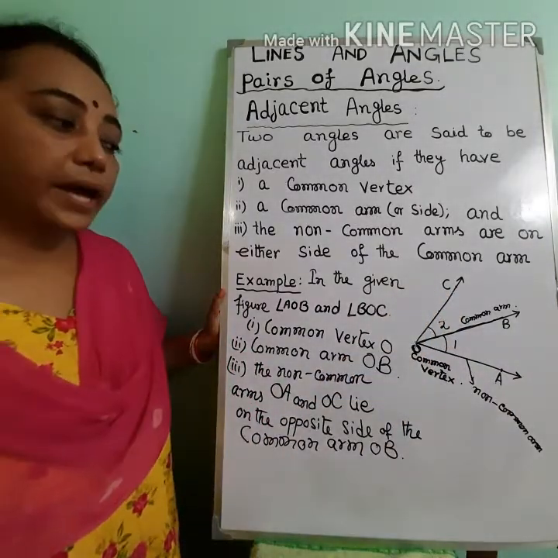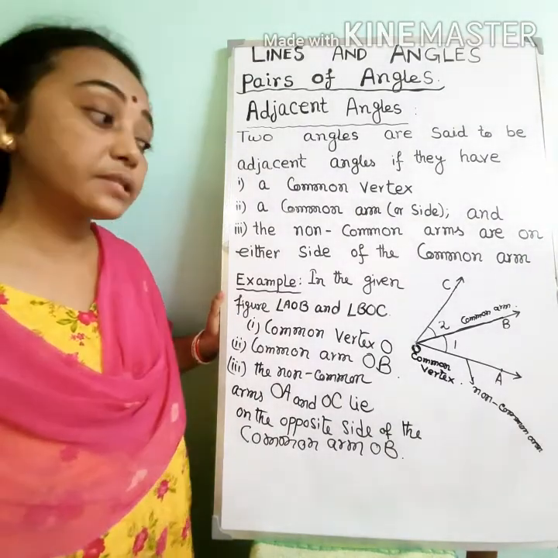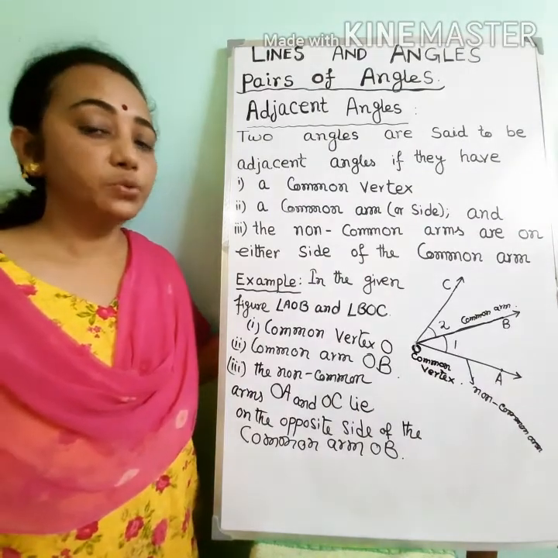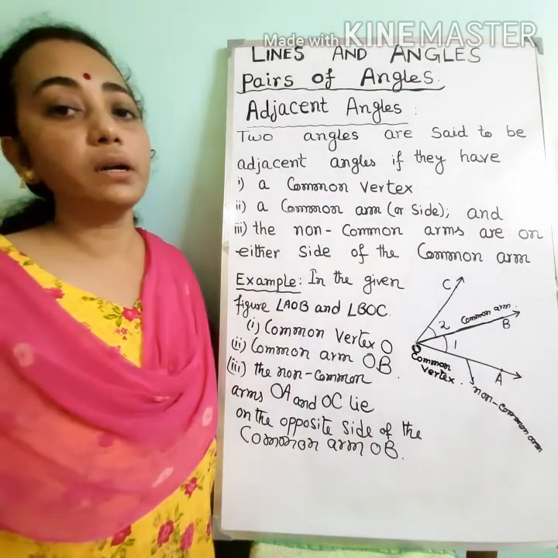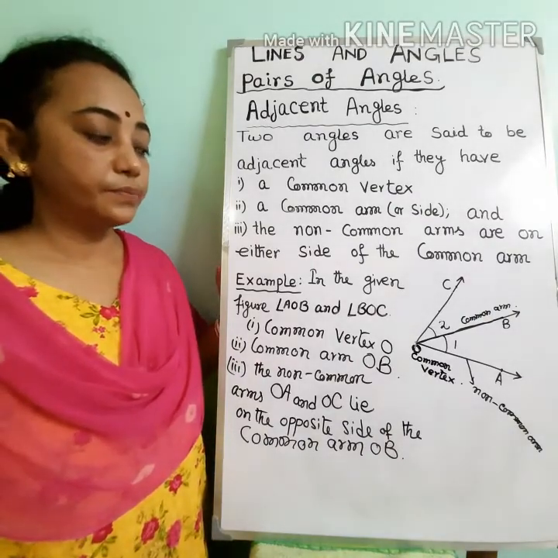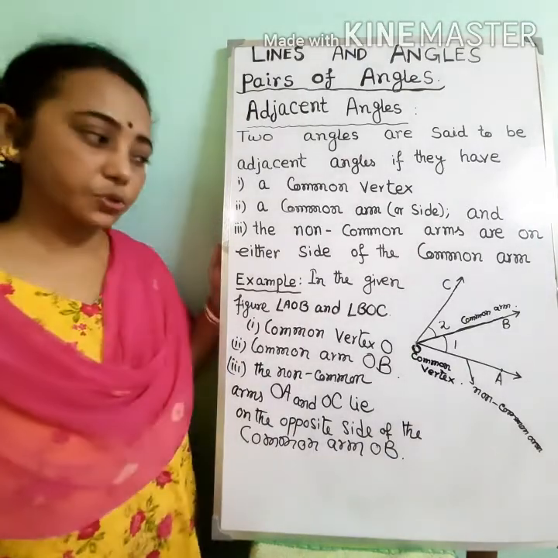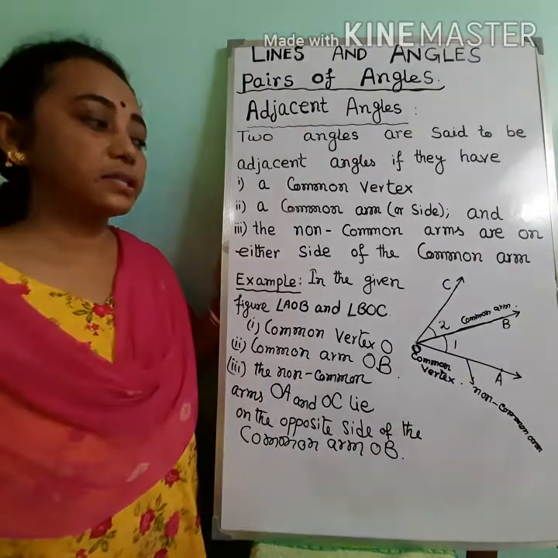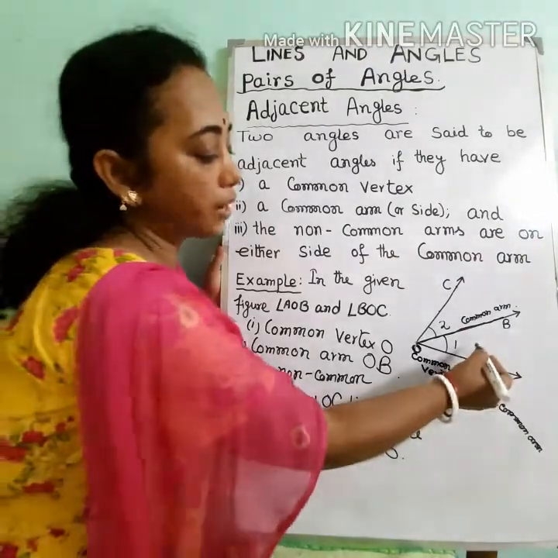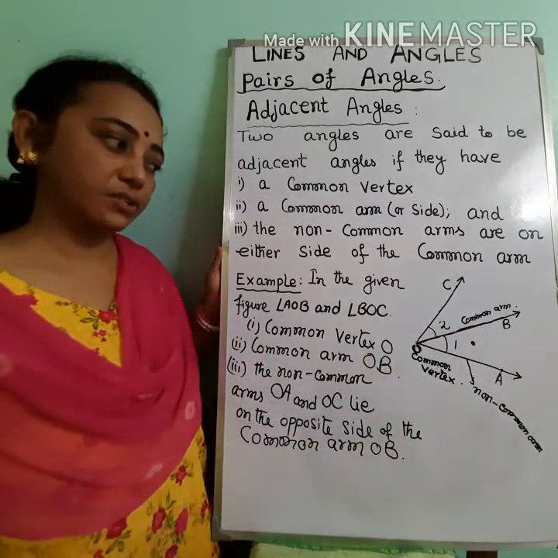Two angles are said to be adjacent angles if they have a common vertex and a common arm between the two non-common arms. This is a very important point. In other words, two adjacent angles have no common interior point. Suppose I mark one point in these angles, then this point is not common to the other adjacent angle.